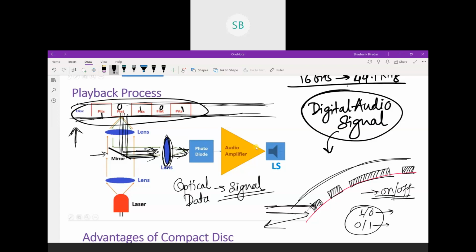To convert that, we need some kind of detector. Here we are dealing with laser light, so obviously a photodiode is used as a detector, right? And that is given to the audio amplifier, which amplifies and plays the audio which is present on the track. Are you getting? So this is what is happening.